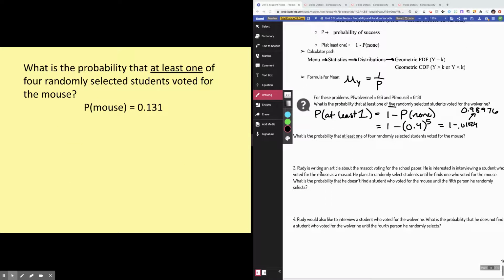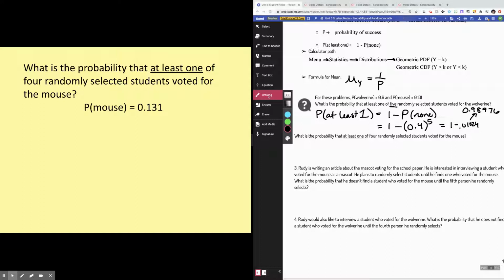The second part says, what's the probability that at least one of 4 randomly selected students voted for the mouse? So again, we're going with the probability of at least 1 equals 1 minus the probability of none.